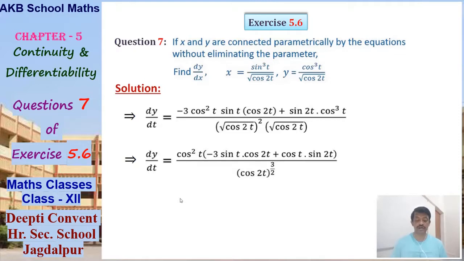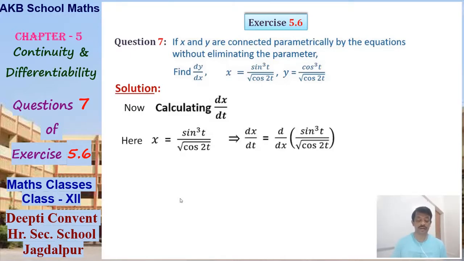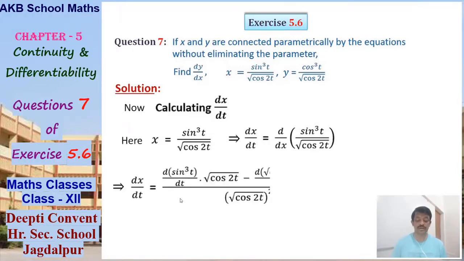Now we have to find the value of dx/dt. So calculating dx/dt, here x equals sin³t by root cos 2t. Again differentiating with respect to t, dx/dt of this. Again using the division formula u by v, in a similar fashion as dy/dt. So d(sin³t)/dt root of cos 2t minus d/dt of root cos 2t times sin³t upon (root cos 2t) squared.